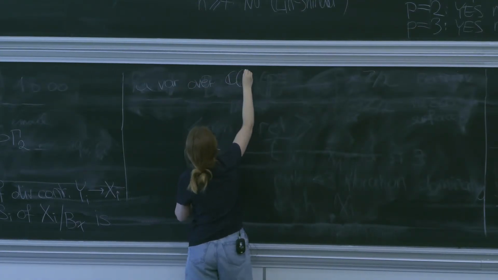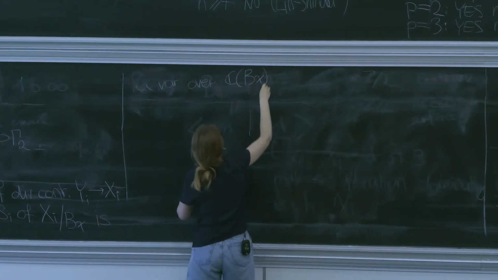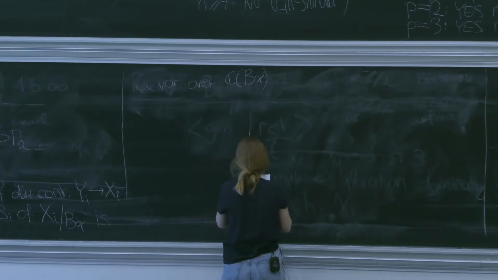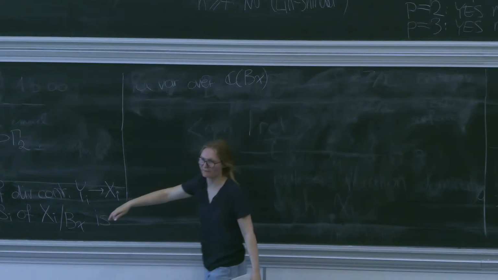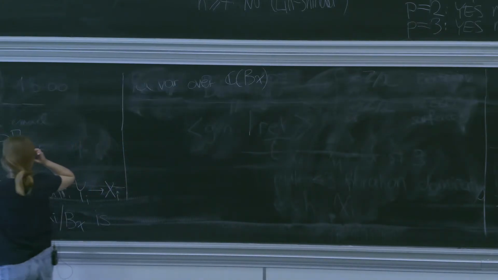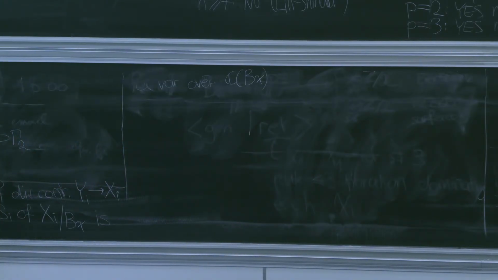over the function field of the base. And the dimension of the generic fiber is the relative dimension of xi over the base.